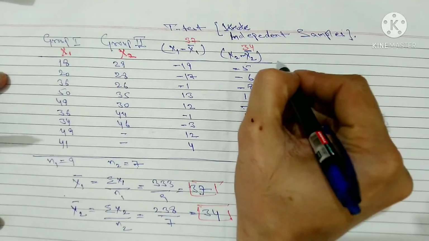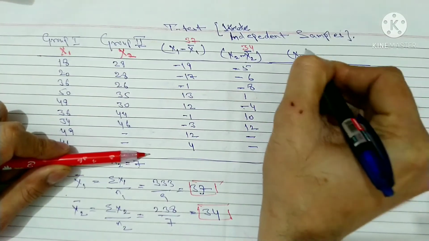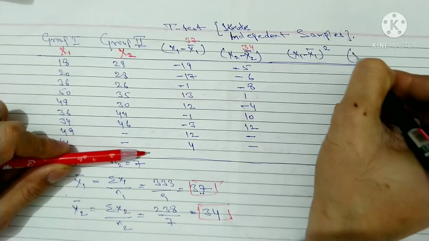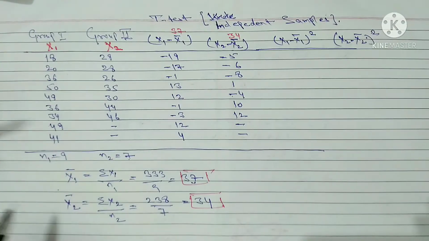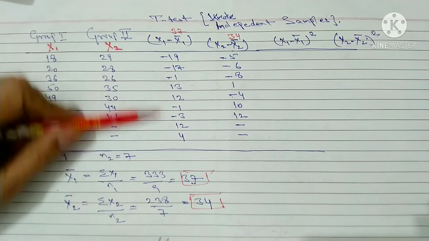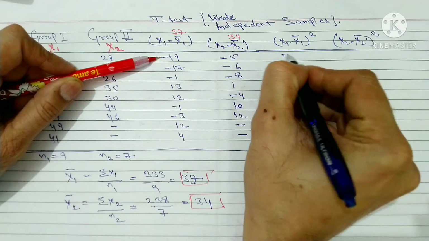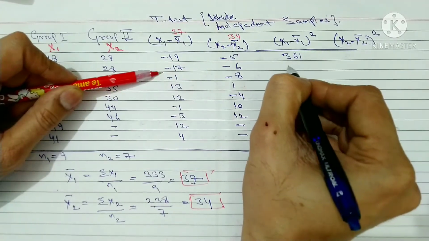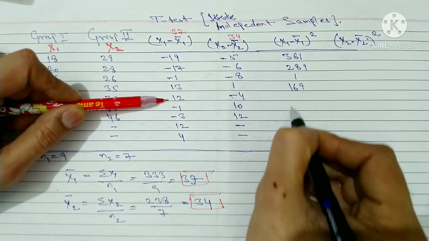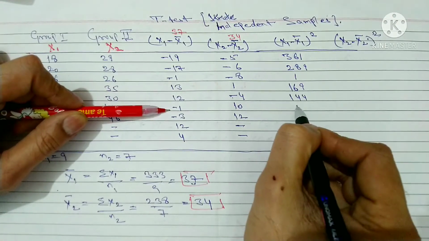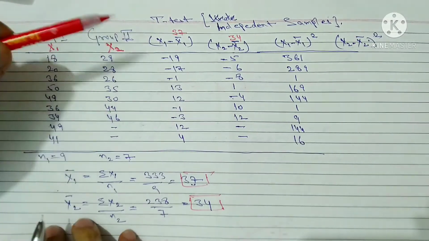Then calculate square of these, means x1 minus x1 dash square, then x2 minus x2 dash square. Square of this column: 19 into 19 is 361, then 17 square 289, 1, 169, 144, 1, 9, 144 and 16.